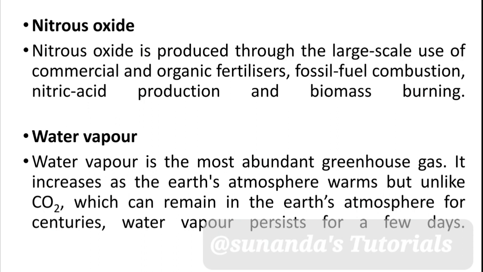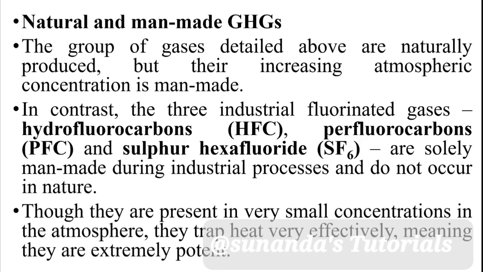Then water vapors. It is the most abundant greenhouse gas present in the environment. It increases as the Earth's temperature warms. But unlike carbon dioxide, which remains in the Earth's atmosphere for centuries, water vapor persists for a few days only.